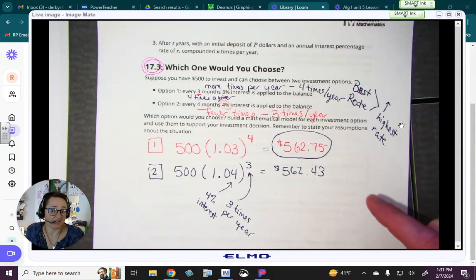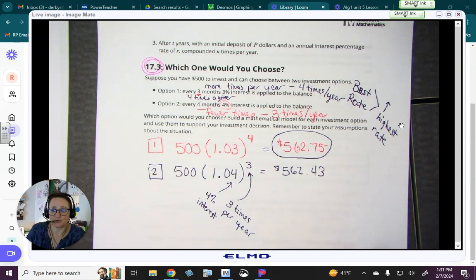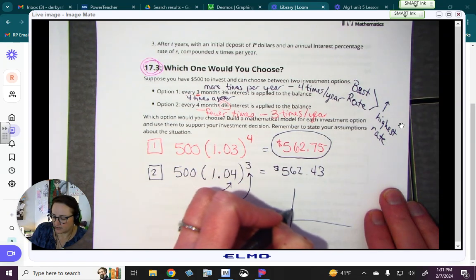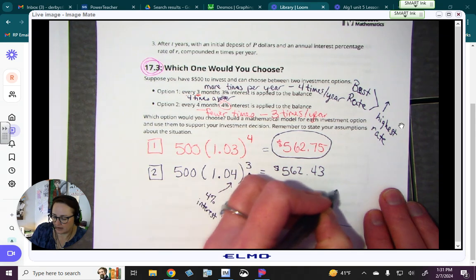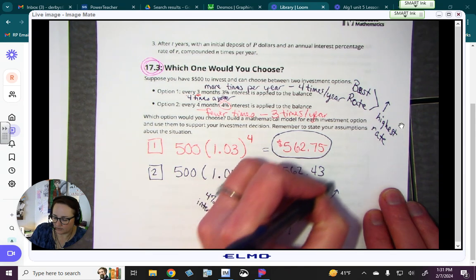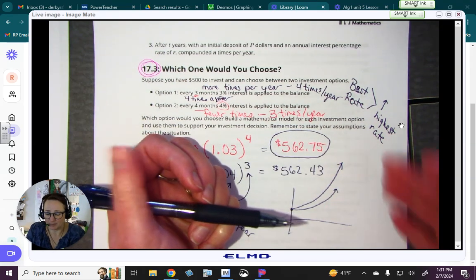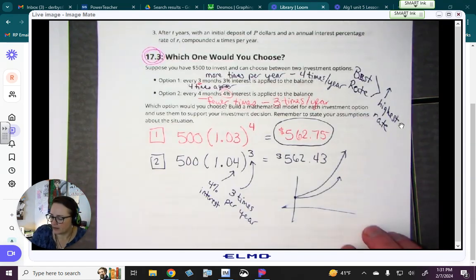And the longer I leave it in for, the better it's going to get. It's going to keep on growing at a faster and faster rate, starting at the same amount. It's going to grow faster and faster until look at how far apart these two are going to get. It's going to make a big difference down the road.